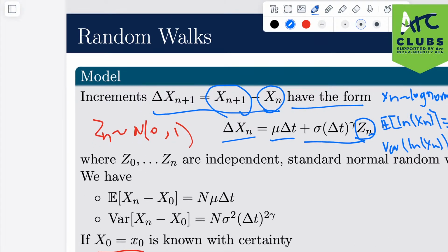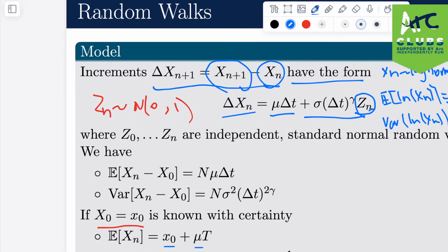If gamma is larger than a half, then the variance will approach 0 as delta t goes to 0. If gamma is a half, then the variance of xn minus x0 will be sigma squared times t. If gamma is very small, then the variance goes to infinity.